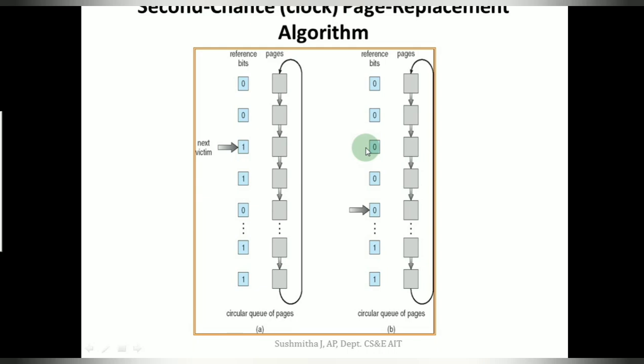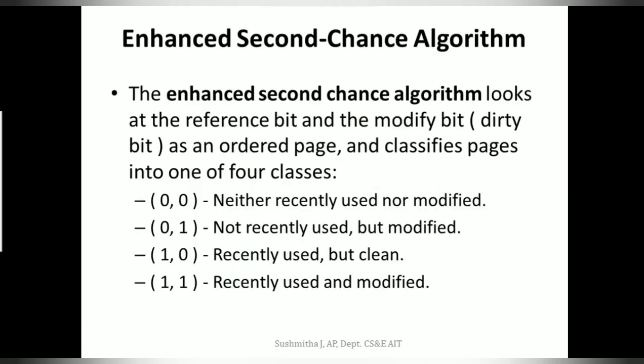So having spoken about the second chance page replacement algorithm, where we use the reference bit, a small modification to it is where we use the reference bit along with the modify bit as well.